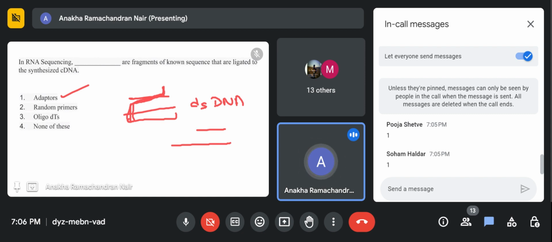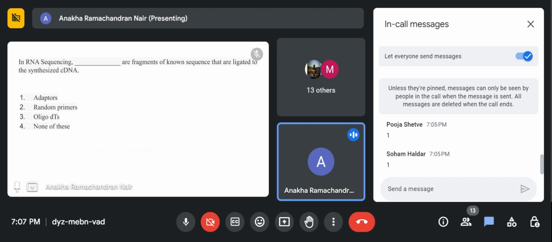Random primers are short oligo DNA molecules that are single stranded and will attach to a complementary part of a denatured DNA fragment. Oligo dTs are TTT, that is a DNA fragment consisting of only repeats of T.